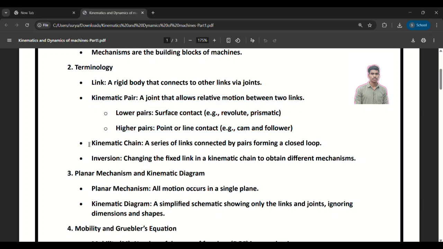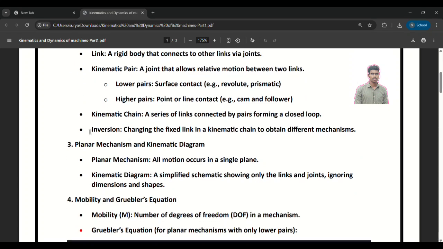And then we will go on to the kinematic chain. A kinematic chain is a series of links that are connected by pairs forming a closed loop. A chain is a chain-like structure which makes the overall structure. And then inversion is nothing but fixing different links in the kinematic chain to obtain different mechanisms. We will see it in an upcoming video.